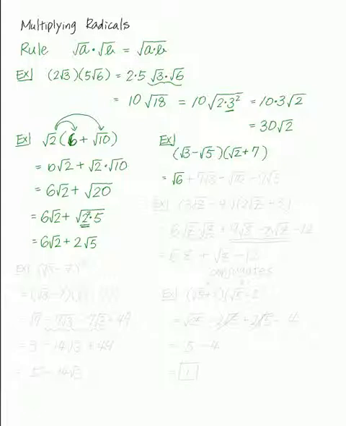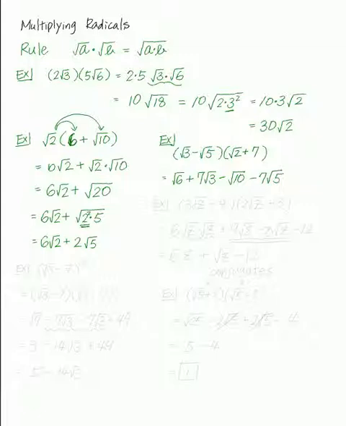The outer terms are going to give me plus 7 root 3. 7's on the outside, root 3 is still on the inside. The inner terms, I'm going to apply the rule again, so I'm going to subtract root 5 times root 2 is root 10, minus 7 root 5. Again, the 7's on the outside, the root 5 is on the inside.